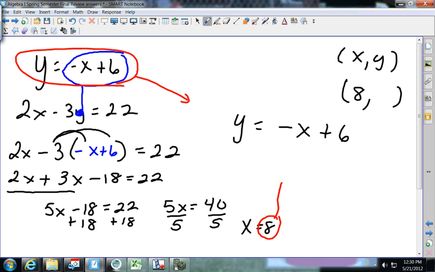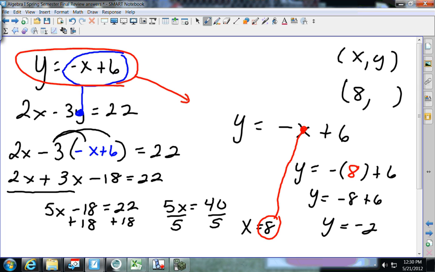Whatever x is, we're putting it right into here. So I have y equals negative 8 plus 6. Make sure you get the sign right. That's -8 plus 6. y is -2. There's your solution.